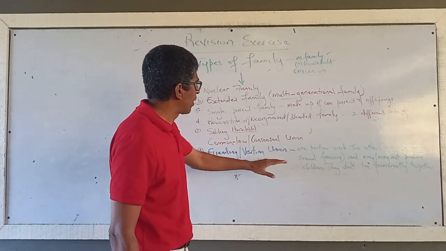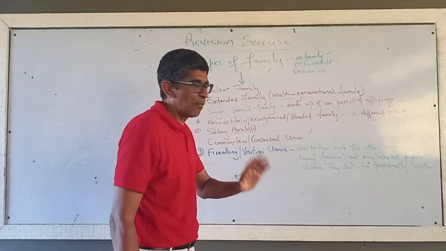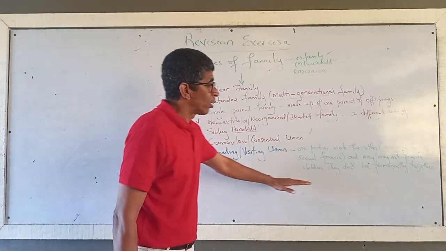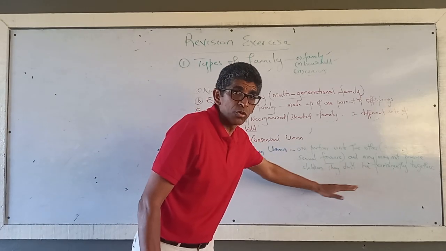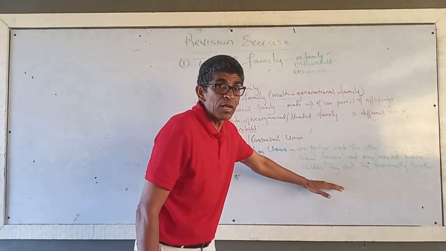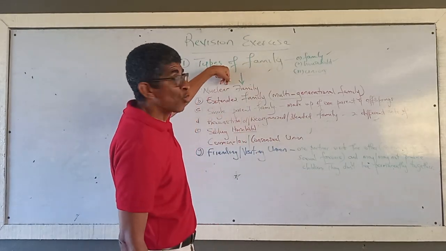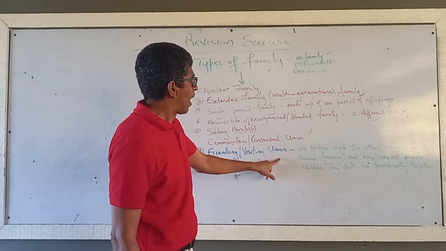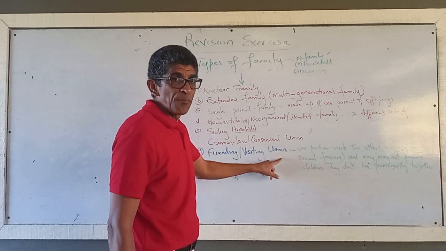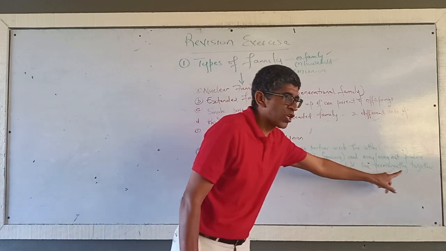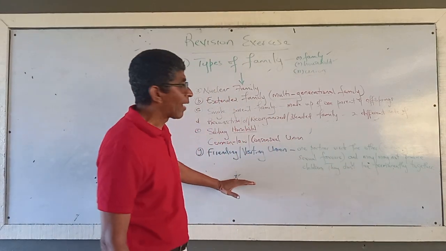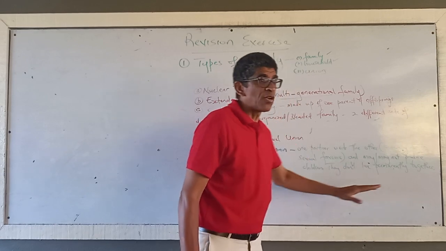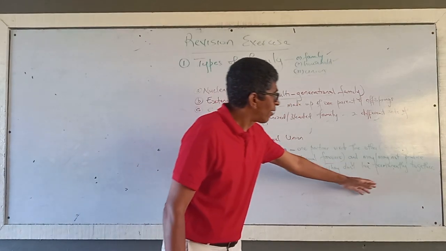So the man and the woman may move in together, not married, so it may become a common law union. Or one may propose to the woman or vice versa, and they decide to get married, and so it becomes a nuclear family. So this type of family, right, is not a permanent living situation, right? The man or the woman may visit the other partner and generally just spend the night for sexual favor.